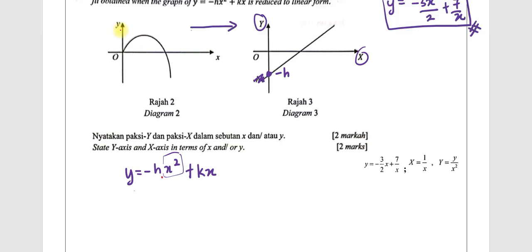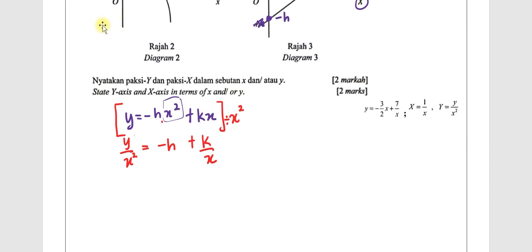Because when you don't have any x, it becomes the y-intercept. The question's line is a bit off. So we divide by x square and see. It will become y over x square equals negative h only, plus k over x. So when you arrange this, k over x changes to 1 over x minus h.